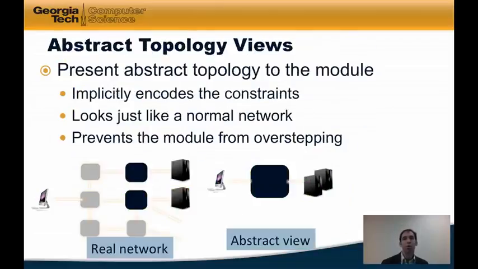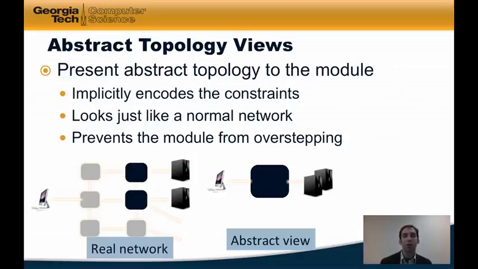Another important feature of policy composition is that each module should have an abstract view of the topology. This abstract topology can implicitly encode constraints. For example, if the policy is intended to prevent two hosts from communicating with one another, we simply ensure that the logical topology has no path between those two hosts.